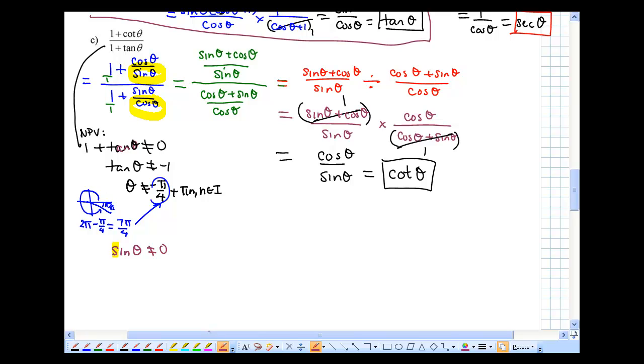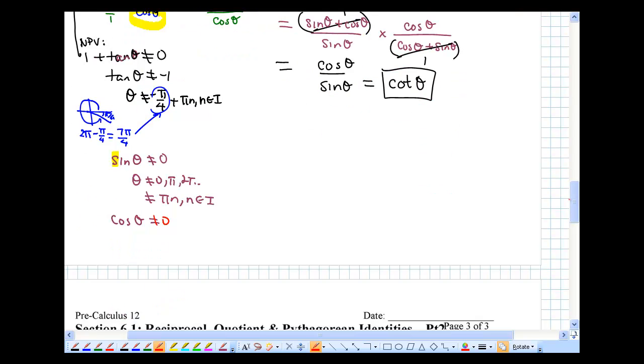Sine theta can't be 0, therefore theta can't be equal to 0, pi, 2 pi, etc. So that's just the same thing as pi n, where n is an integer. And then cosine, yes, cosine theta can't be 0. And when we do that one, theta, I believe, can't be pi over 2, 3 pi over 2, etc. So that's really pi over 2 plus pi n. So restrictions, kind of nasty.